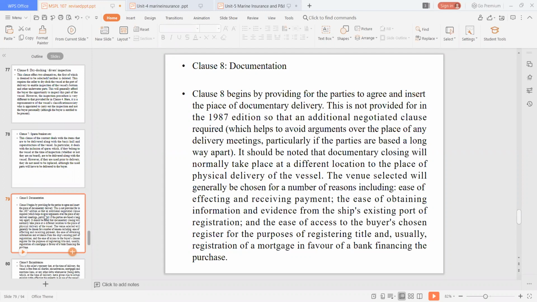So the importance of documentation, but it did not happen initially, right? But it's included mandatorily in the revised one.